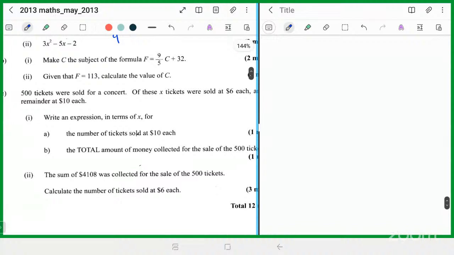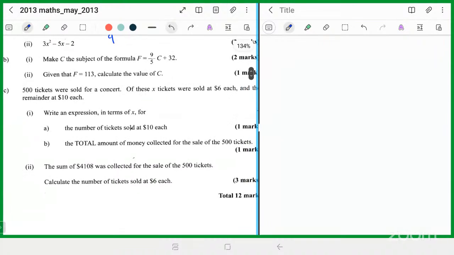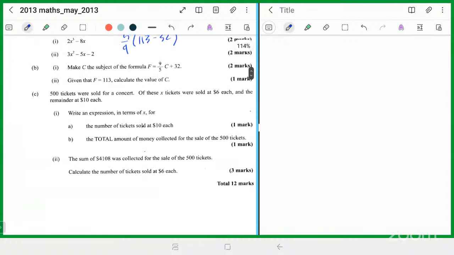This one says 500 is the total number of concert tickets. X of them are sold for $6 each, and the remainder are sold for $10.